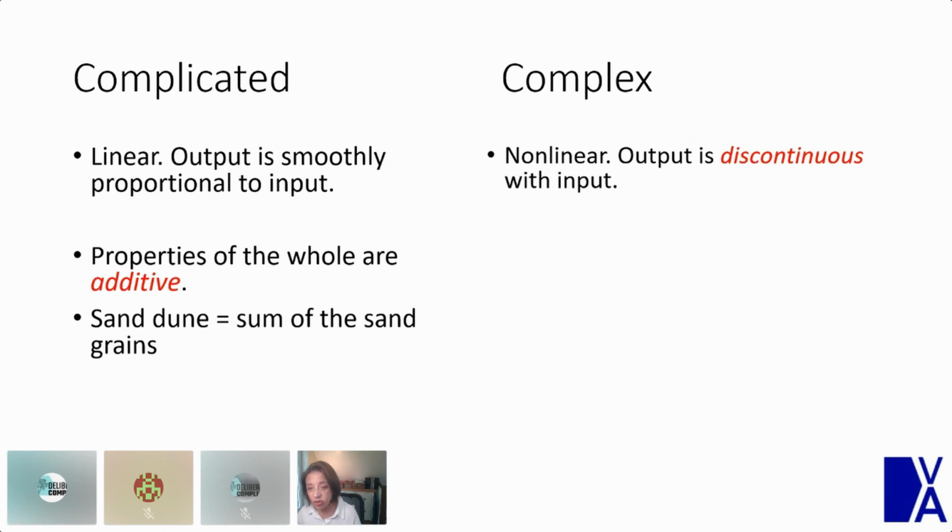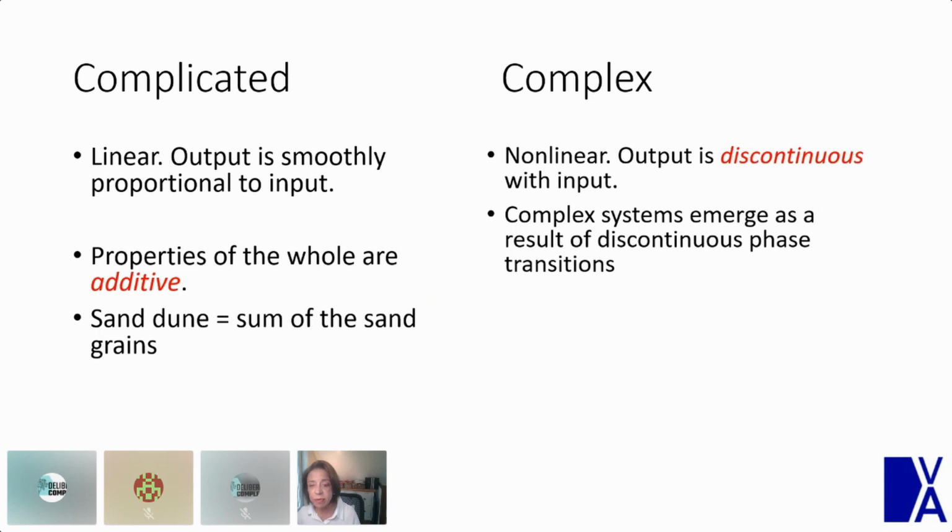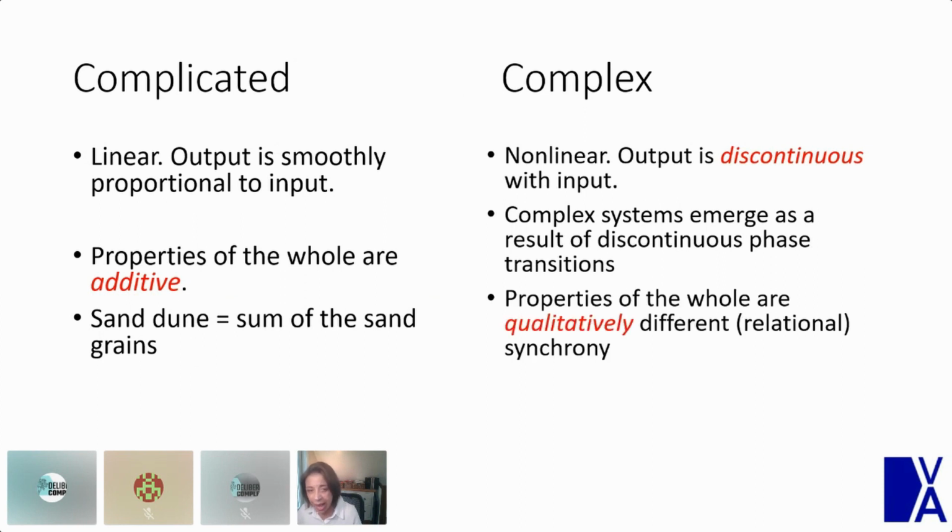Once elements interact in such a way that they synchronize, or that the whole begins to oscillate, you have a totality that has qualitative differences from the sum of their parts. And usually the synchronization and the oscillation emerges in a discontinuous phase transition. So think of a synchronized pattern of behavior, and the properties of that synchronized totality are different. What do I mean by that?